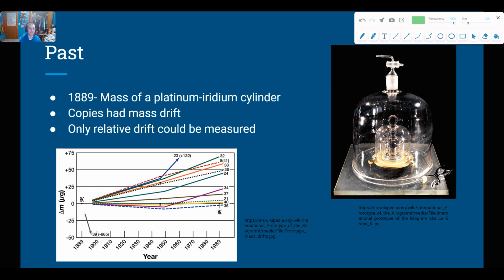Its mass, by definition, does not change, even though it seems like it has lost mass compared to everything else. We don't actually know. So again, not a great system, but with the technology limitations of the time, they did the best they could, and thankfully now we have a better way of defining the kilogram.